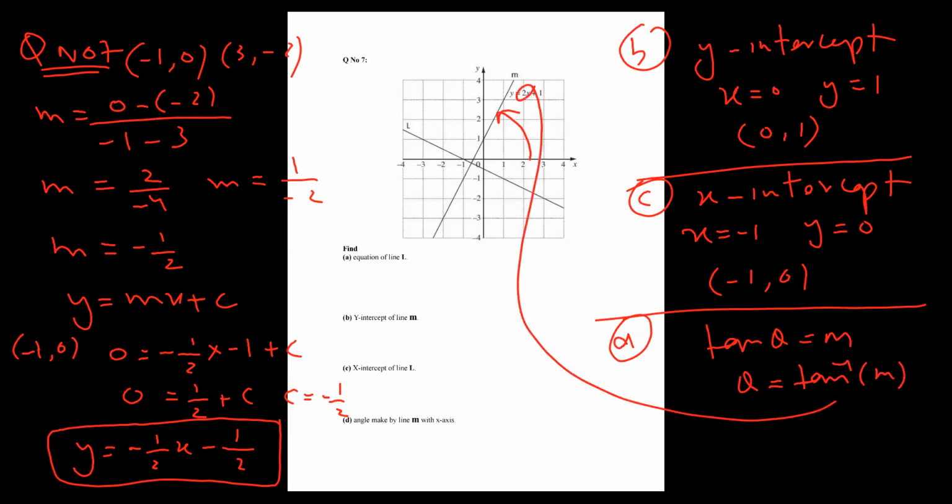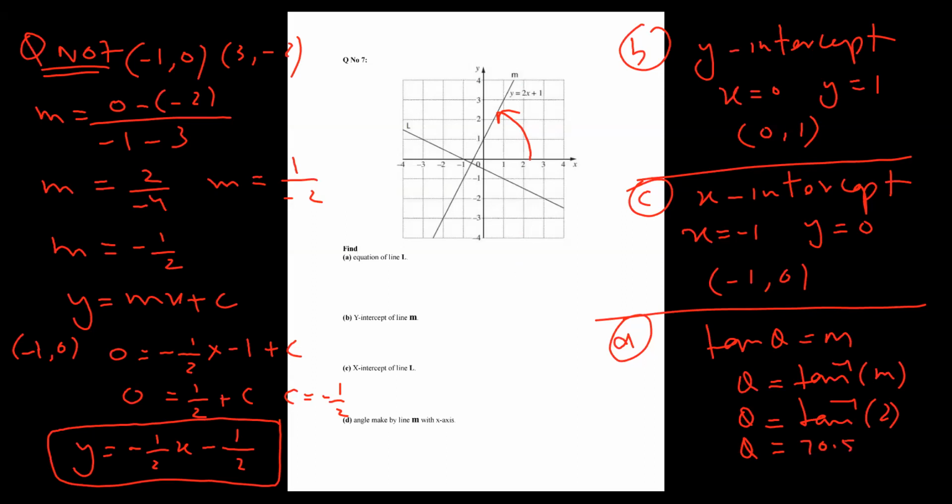How do I know? It is mentioned there. So tan inverse of 2 gives us 70.5. So the angle is 70.5 with the x-axis.